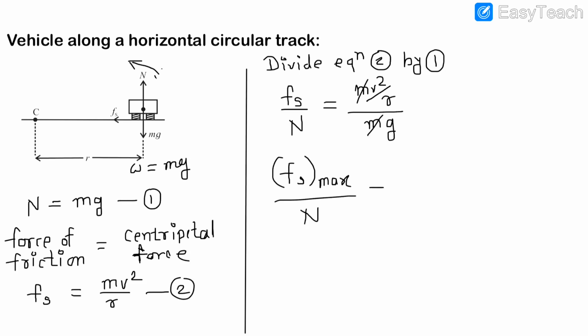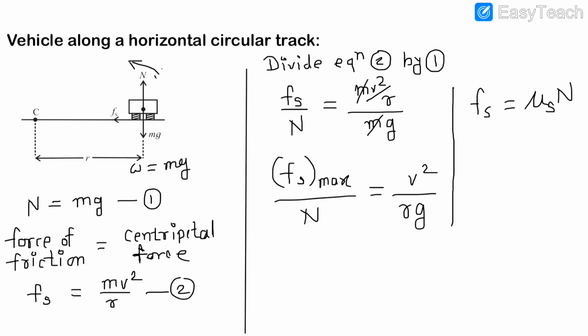What is meant by upper limit is also important. So F S by N is equal to v square divided by Rg. As you have studied, the frictional force F suffix S is equal to mu into N. Here mu suffix S is the coefficient of static friction, and N is the normal reaction.